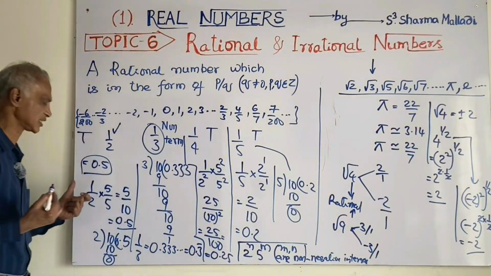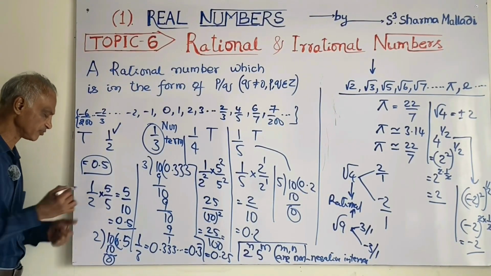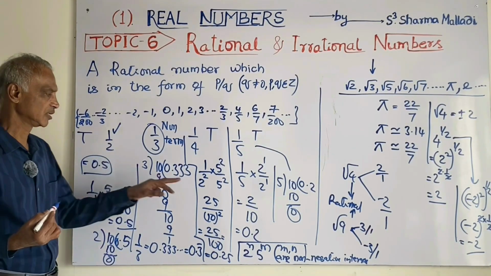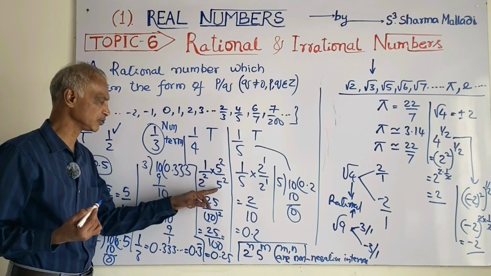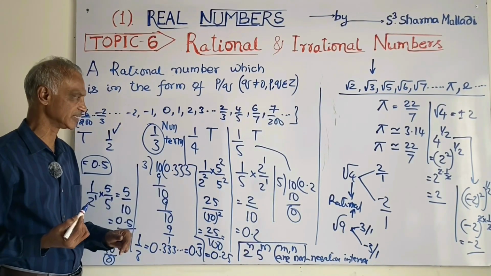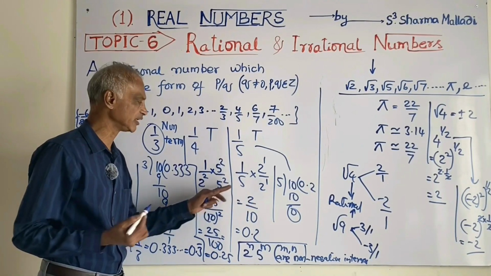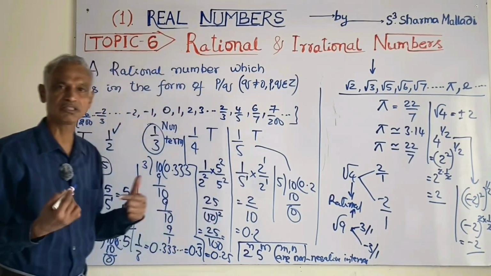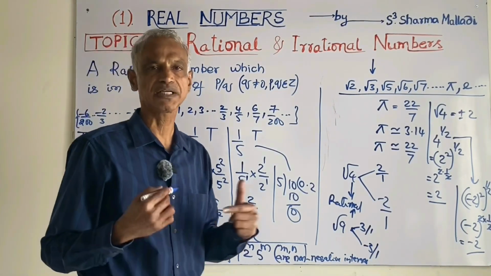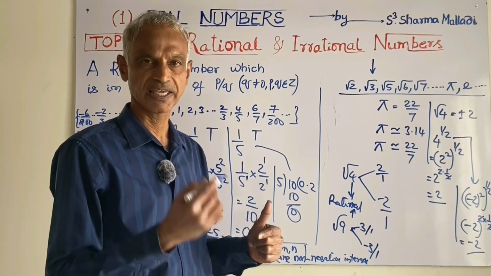In all these cases, denominator is in the form of 2 to the power of n into 5 to the power of m. You observe 2 to the power of n into 5 to the power of m, m, n are non-negative integers. In terminating decimal expansion, denominator is in the form of 2 to the power of n into 5 to the power of m.